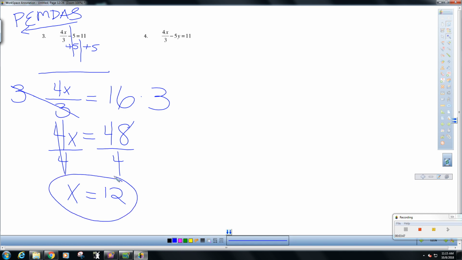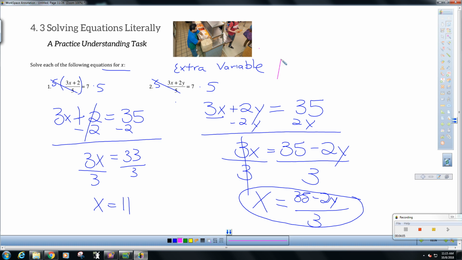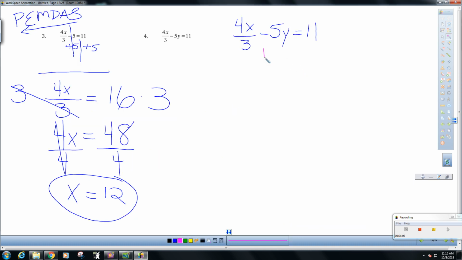Alright. So this time, I'm just going to give myself a little bit more room. 4x. I'm just rewriting the problem. I'm going to add 5y to both sides.